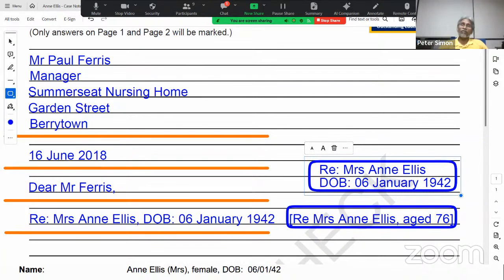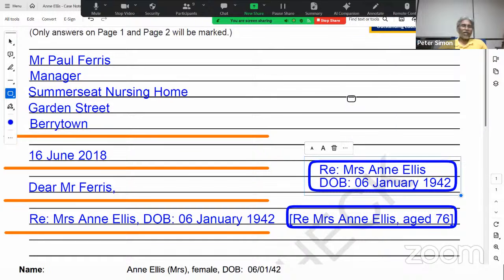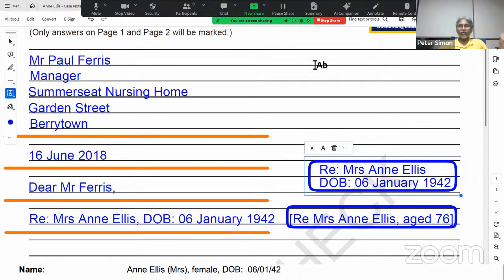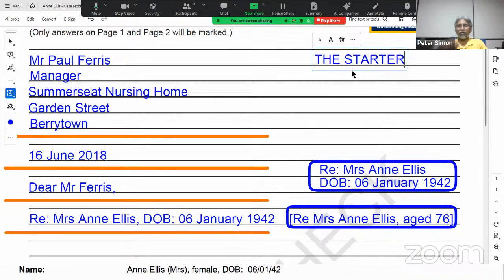So if it is clear, then we can move to the deserts. These are the starters before the main body of the letter. Okay, we use these things. The starters before the letter, that is the main course. The starters are four in number.